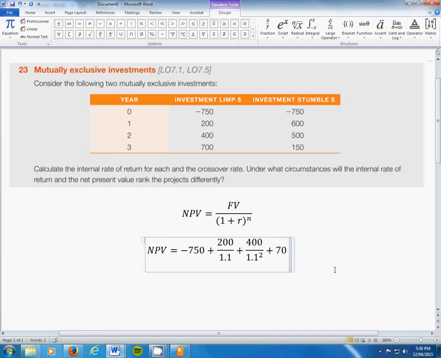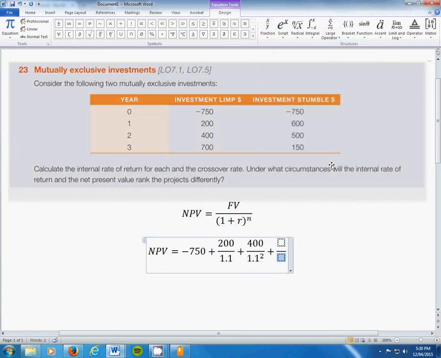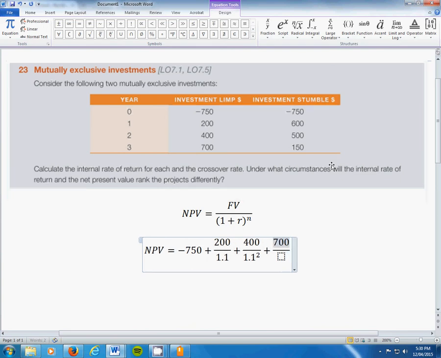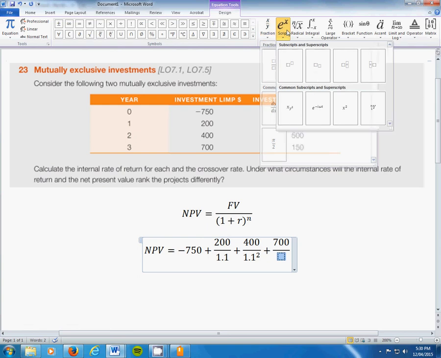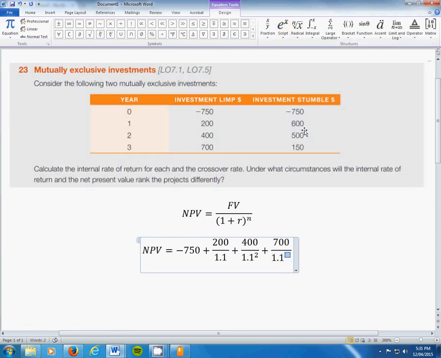And our third and final year, we're looking at LIMP here, obviously. I don't think I mentioned that to begin with. We're looking at the LIMP investment, and our third year return is 700, and we discount that across 3 years, so 1.1 to the power of 3.